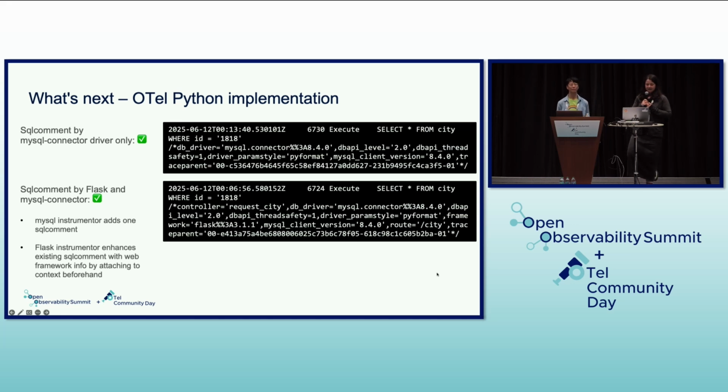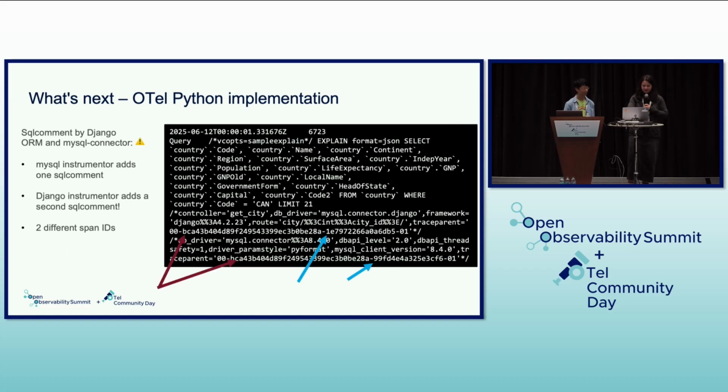The Flask instrumenter for OTel gathers that web app info at time of tracing, and instead of writing a comment, it attaches it to the current OTel context, and the SQL connector instrumenter checks the existing context and enhances the comment it writes. So that's pretty neat for those vendors and users looking for it.